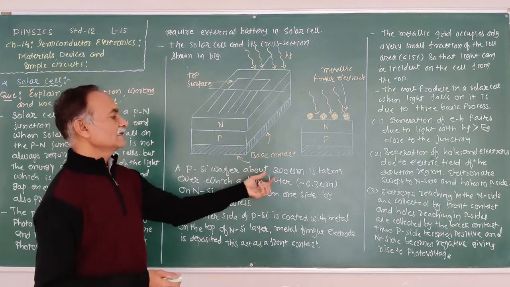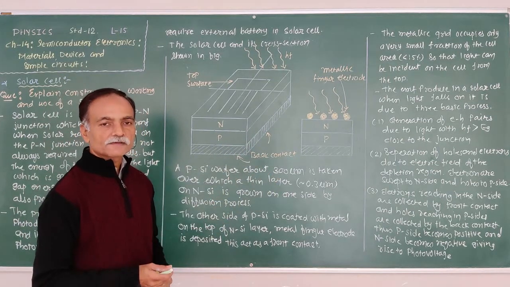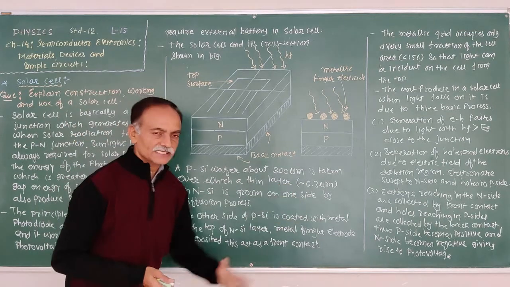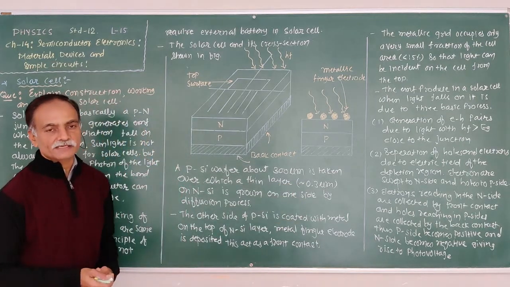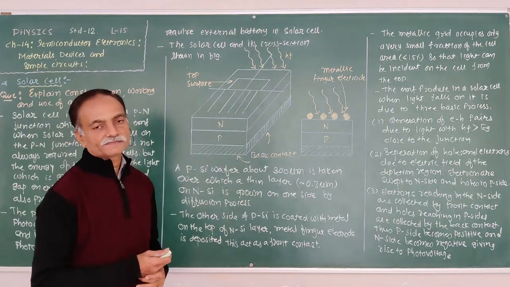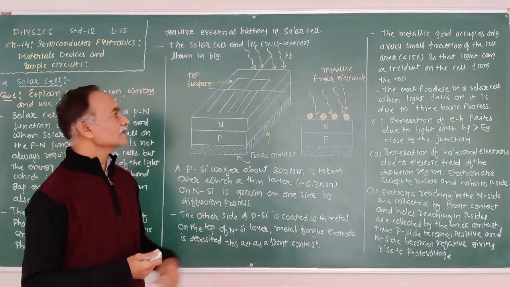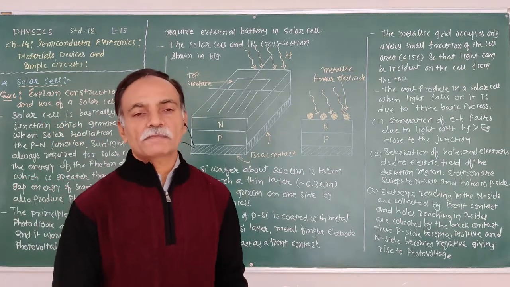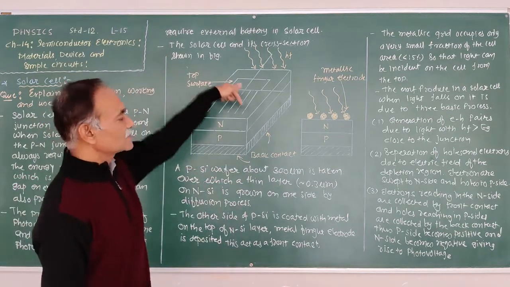Over this, a thin layer of N silicon semiconductor with a thickness of approximately 0.3 micrometer is formed on the P-type semiconductor. As a result, the light incident on the top of the N side of the semiconductor can reach the junction.